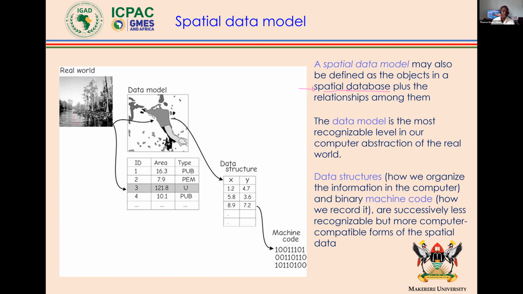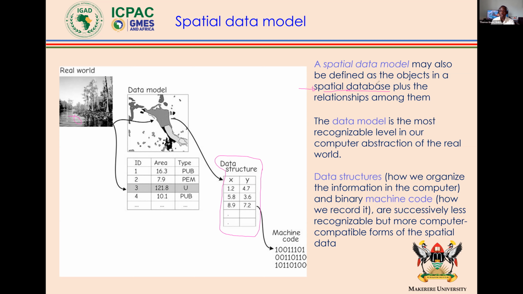This water body you're seeing here has location information. And the location information that it has can be seen or visualized in this table. Now, because it has location information, it becomes spatial data. So spatial data is only stored in a spatial database.